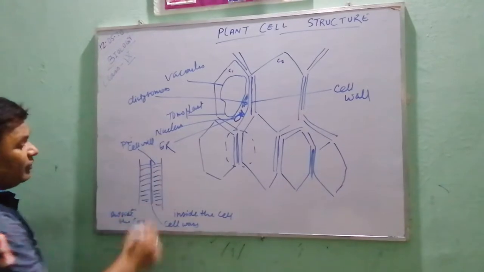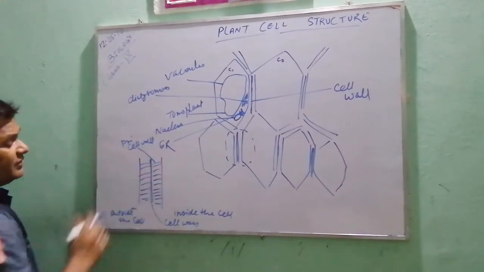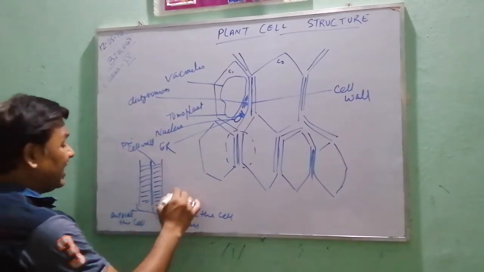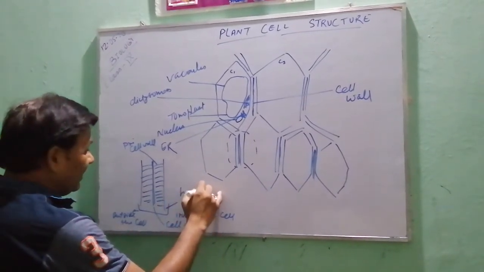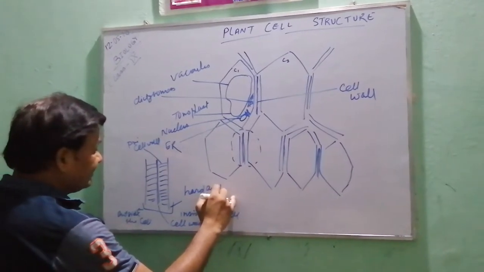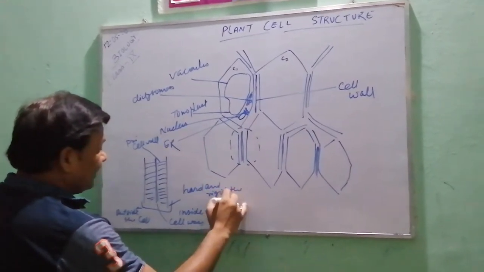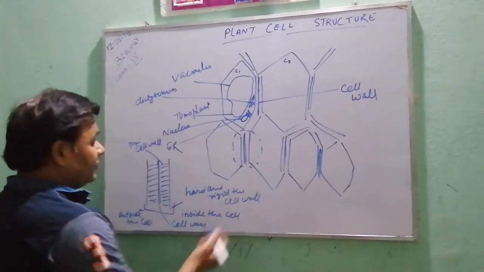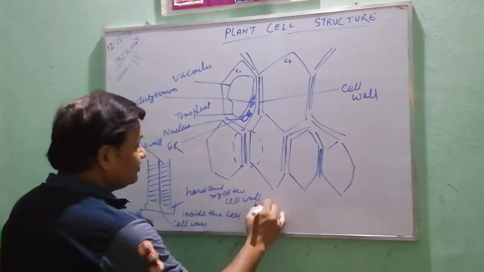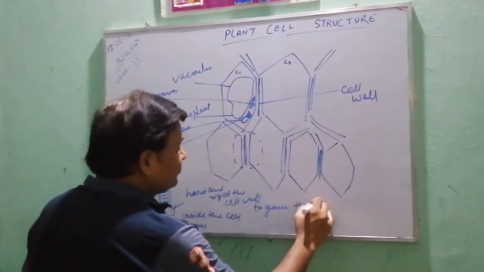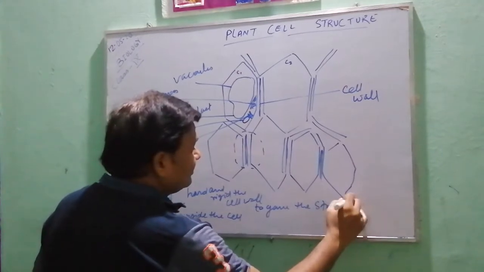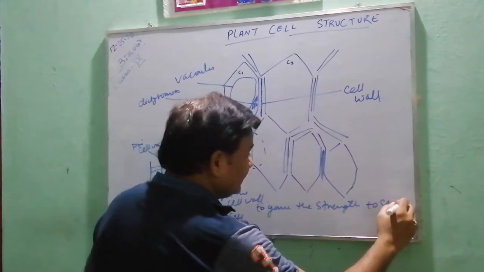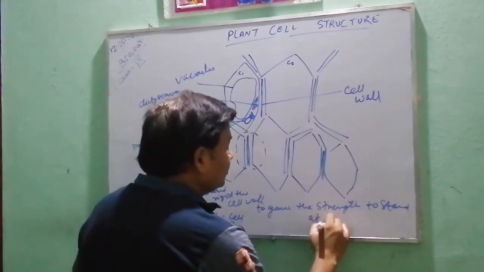So the primary cell wall, together with this cell wall, makes the cell hard and rigid. This hard and rigid cell wall gives the strength to stand at a fixed position.